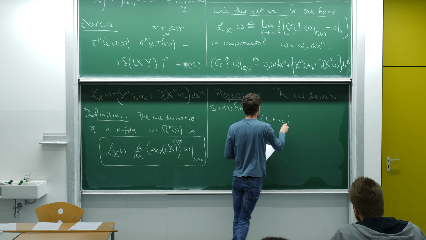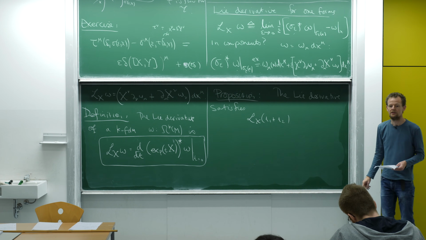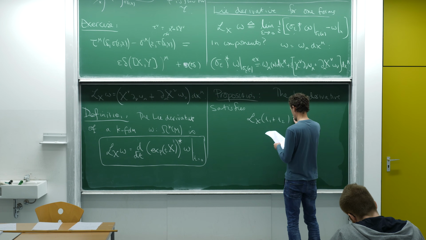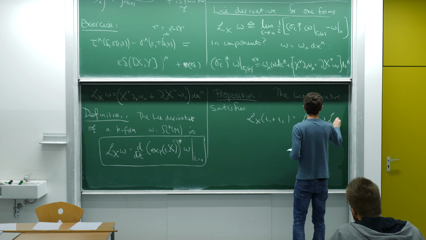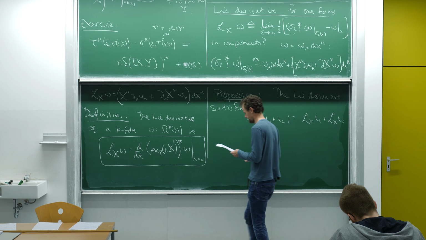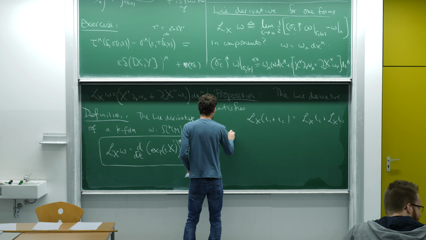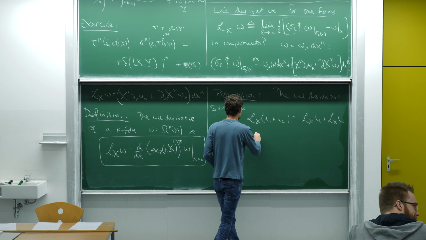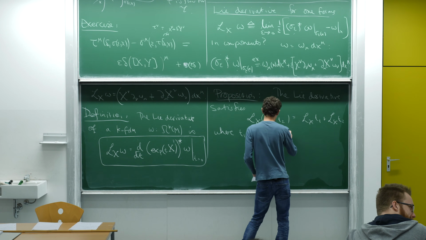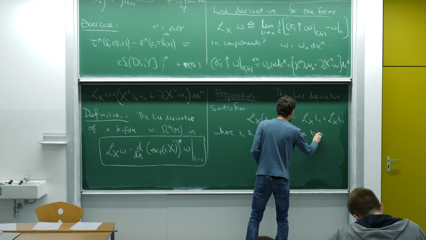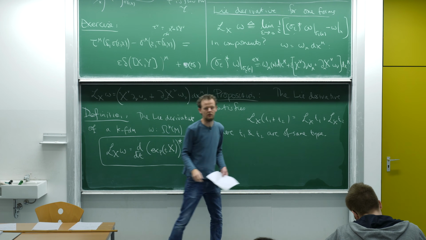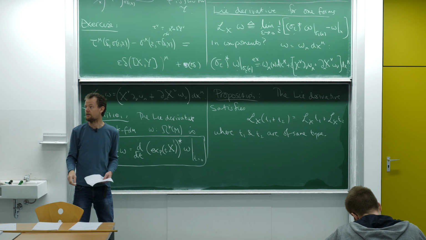So if you have two mixed tensors, T1 and T2, then one property of the Lie derivative is that it's linear. It's one obvious property of the Lie derivative that you ought to have.